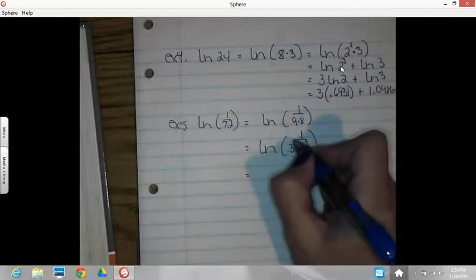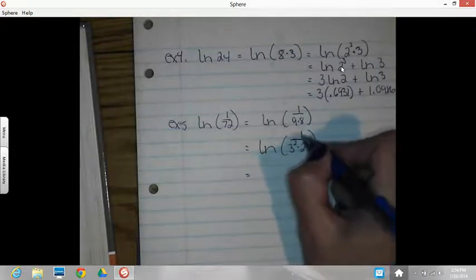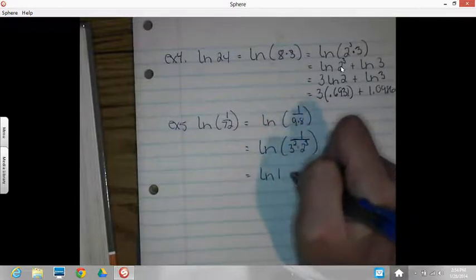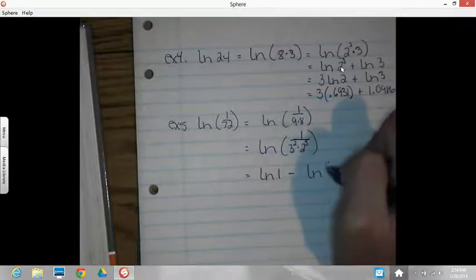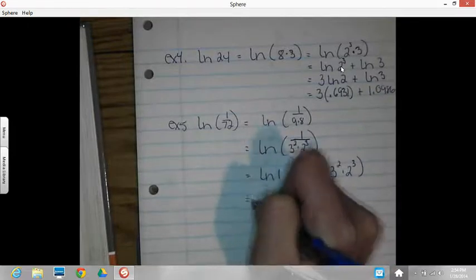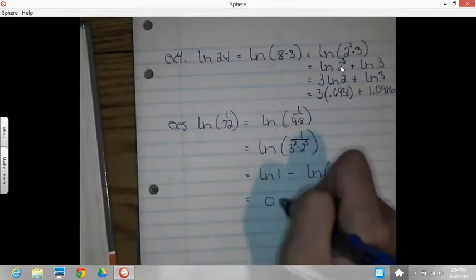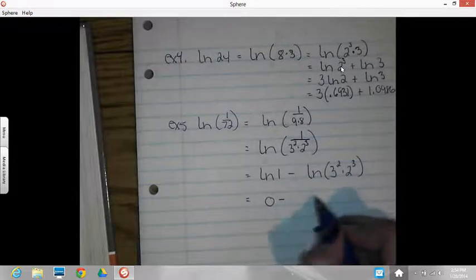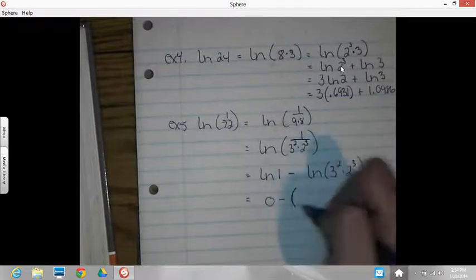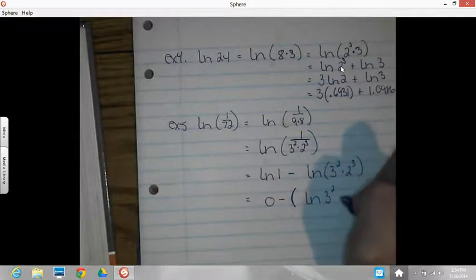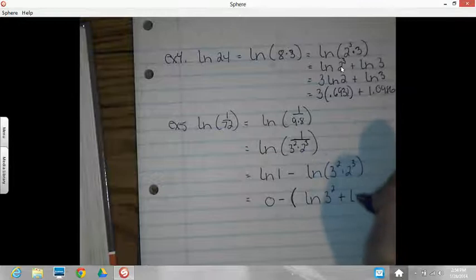First of all, to undo this, I've got a division, so that goes to a subtraction. Natural log of 1, subtract the natural log of this product, 3 squared times 2 cubed. At this point, if I want to put a 0 here, I can. But now this gets expanded to a sum, and I've got to subtract the sum, so I do need a set of parentheses here. So it'll be the natural log of 3 squared plus the natural log of 2 cubed.